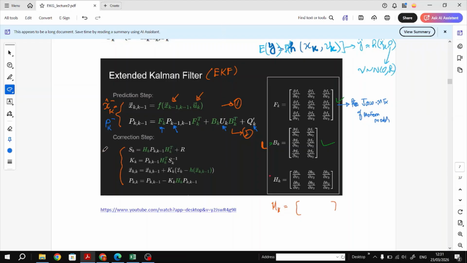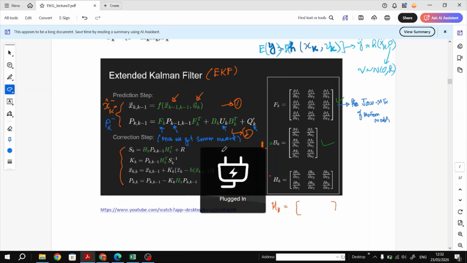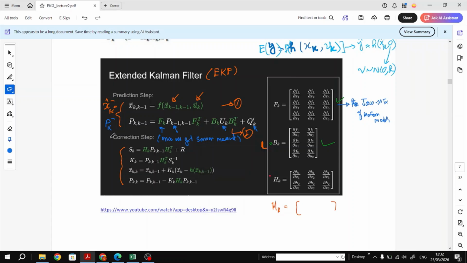So next, once we get the sensor measurements, we apply this correction step, or you can say the measurement update step.